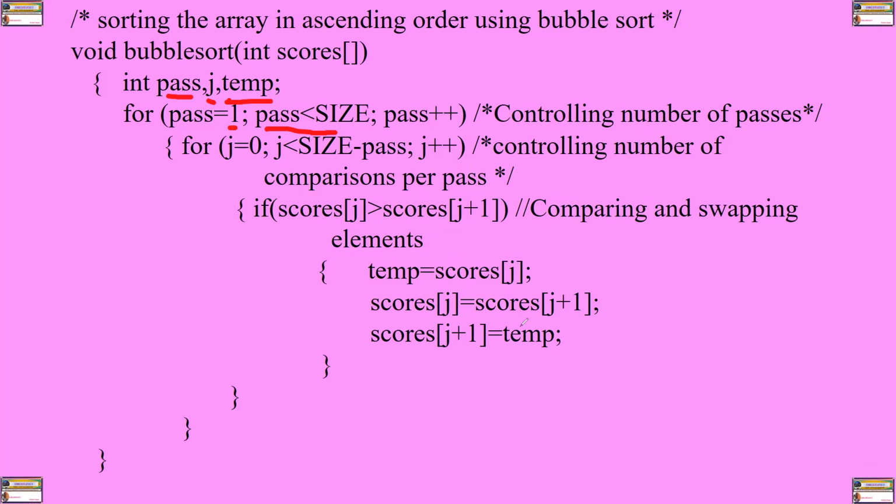Then pick what is in the second position, assign it to the memory location for the first position. Then pick what is in the memory location called temp and assign it to the memory location whose subscript is second, that is 0 plus 1.